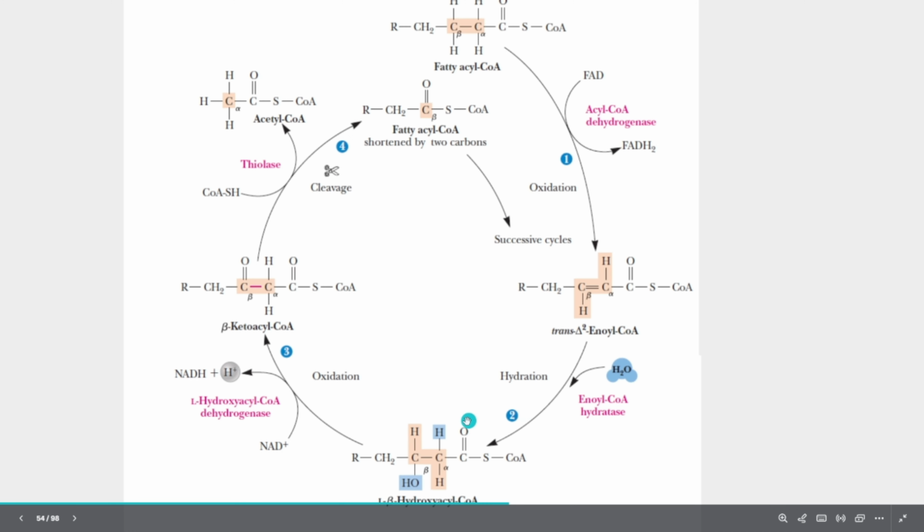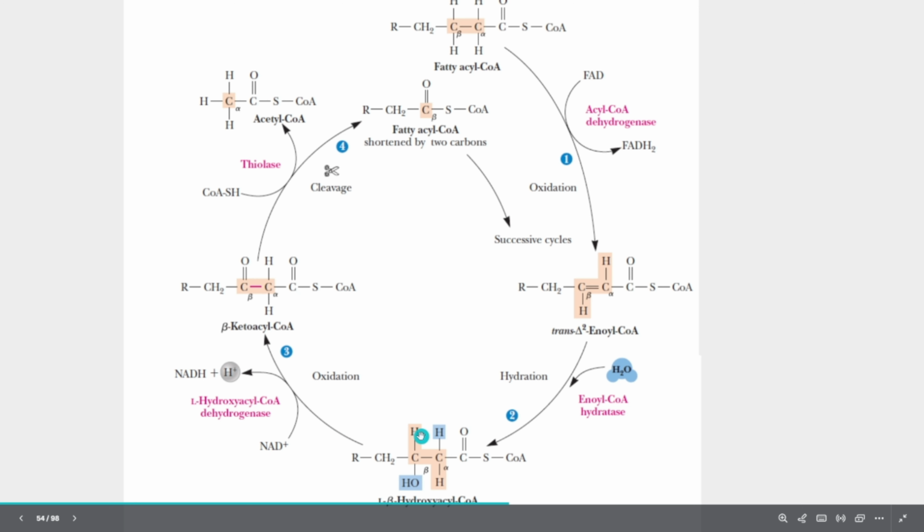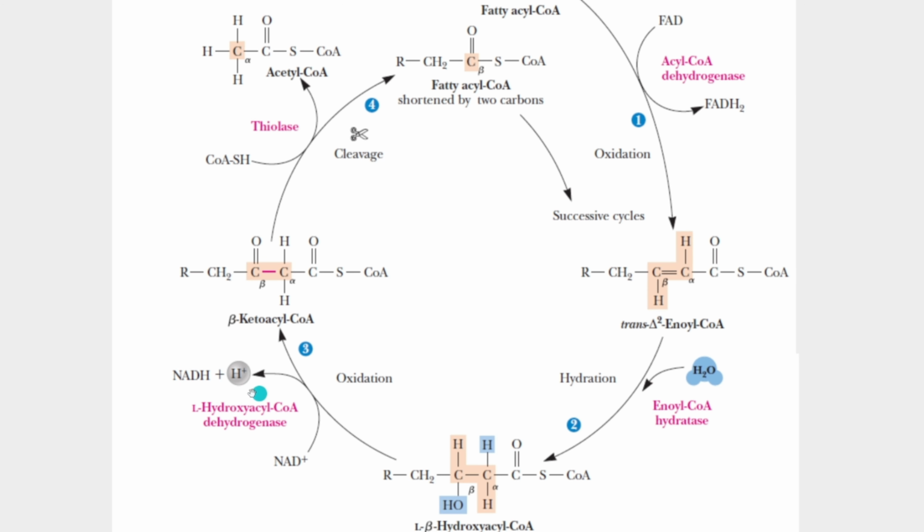So this is hydration, and in the first process it will release FADH2. The beta hydroxyacyl CoA will then undergo oxidation again to release NADH and form beta ketoacyl CoA.